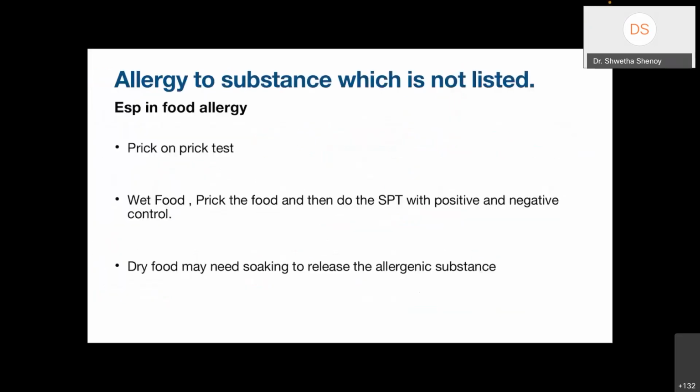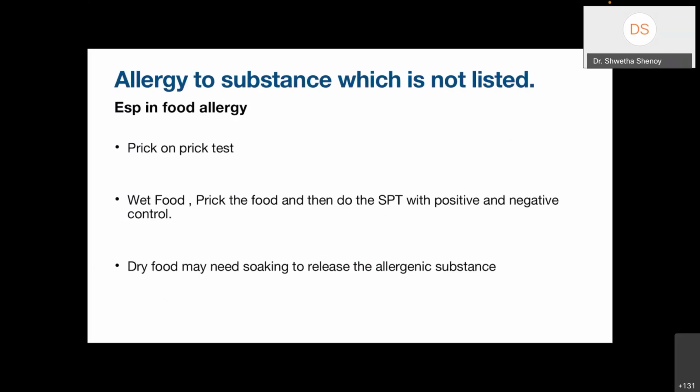Suppose a patient comes and tells you, this is this fruit and I'm allergic to this fruit, and please, can you tell me if I'm allergic to this fruit? Now, how are you going to do it? You do not have an allergen for that, but there's a slightly cruder method to find out. If it's a wet food, you prick the food and then use that to prick the patient.